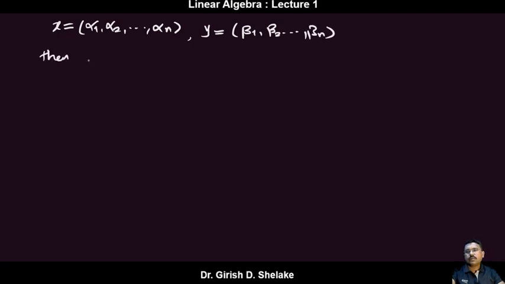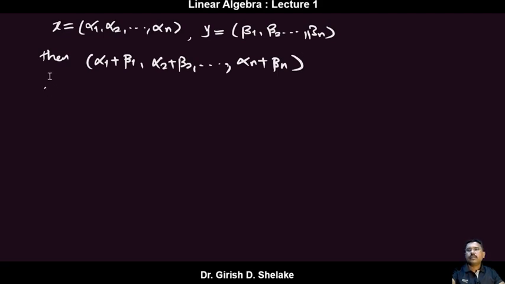Then the n-tuple alpha 1 plus beta 1, alpha 2 plus beta 2, and so on, alpha n plus beta n is also one of the solutions of the same system.